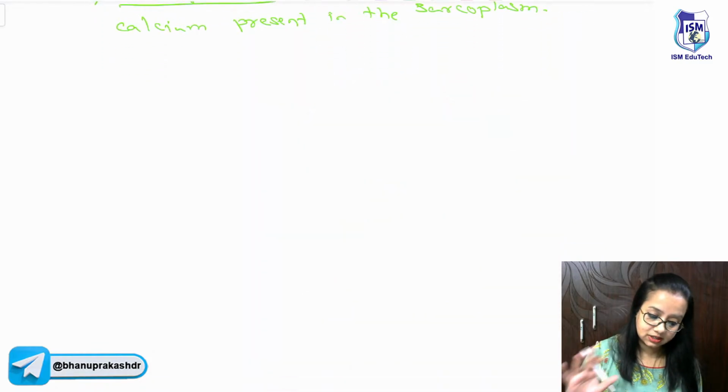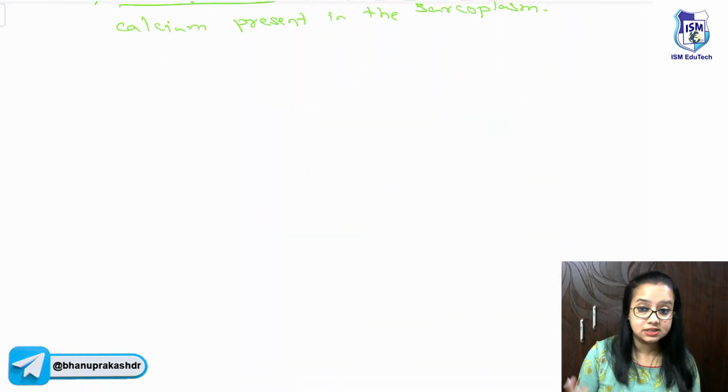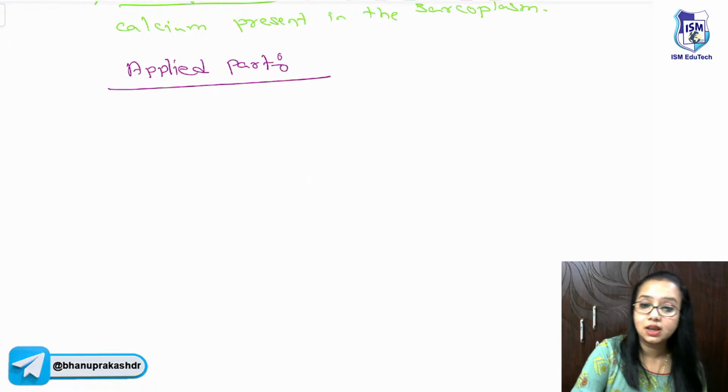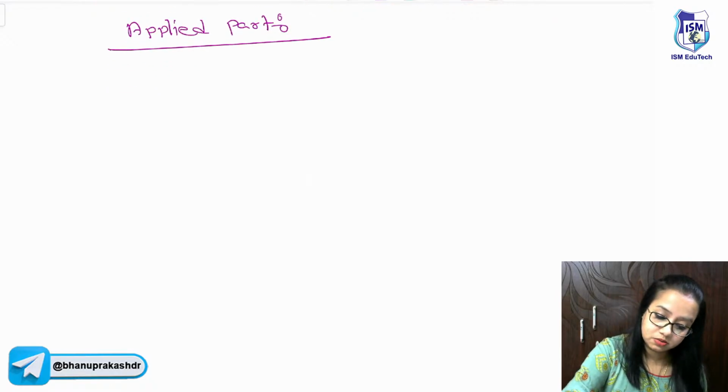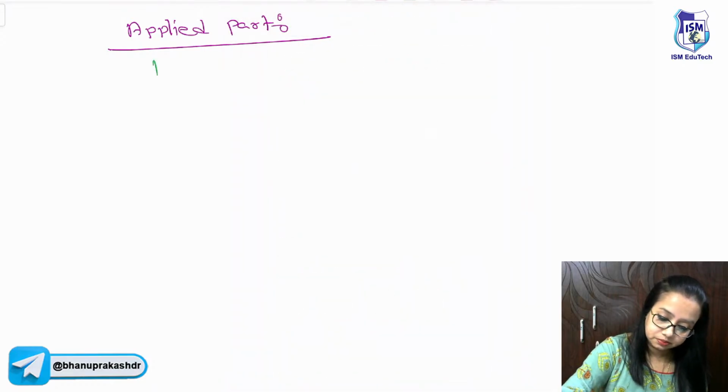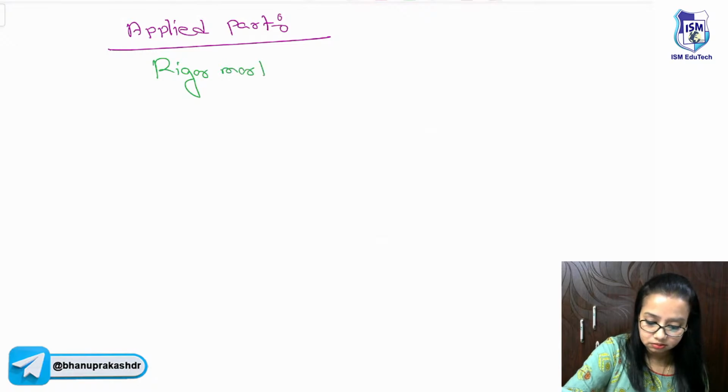Okay, this is the excitation contraction coupling. Now there is an applied part to it. What is the applied part? Now, the applied part is what we call as rigor mortis.